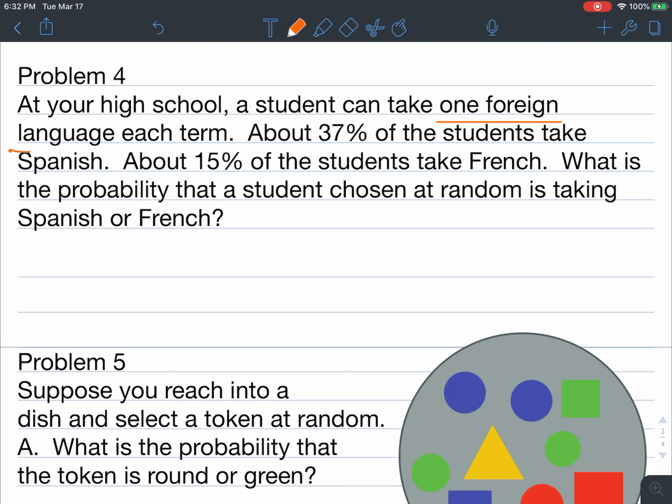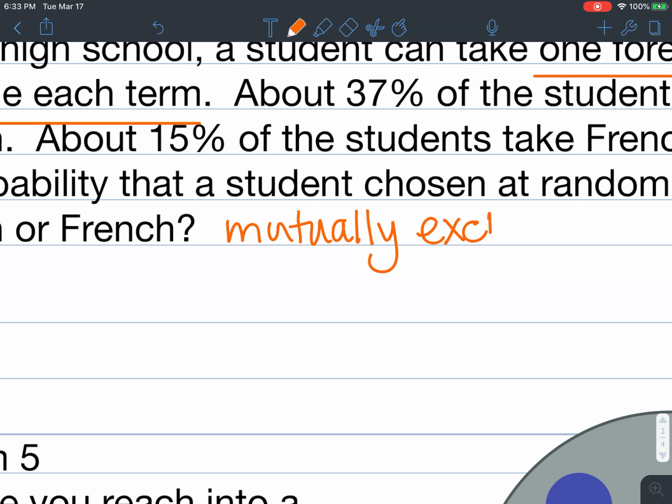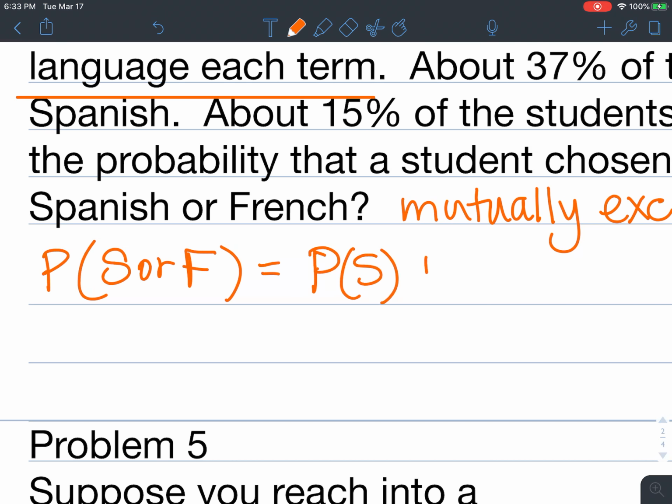But what does it say up here? It says at your high school, a student can take one foreign language each term. So in this particular case, these are mutually exclusive events because you can't take Spanish and French at the same time. Therefore, the probability of taking Spanish or French is simply the probability of taking Spanish plus the probability of taking French.